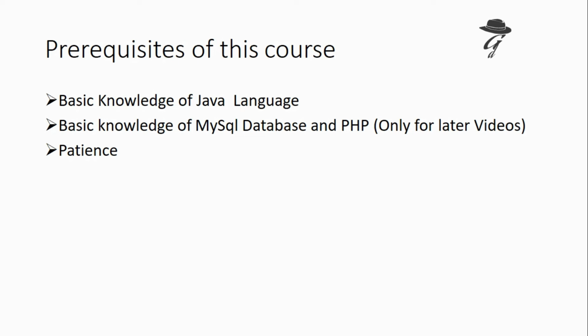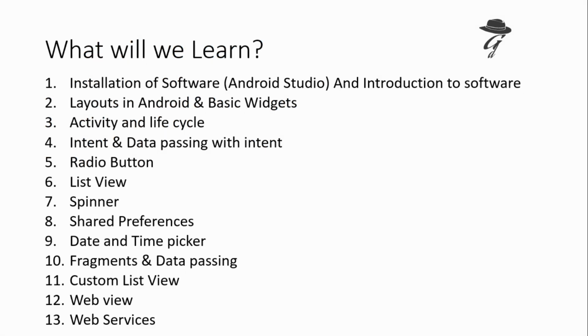Not just Android development, this should be the procedure to learn anything, right? Practice makes a man perfect. So you should have patience, and you will be practicing on a regular basis, right? And this is the list of what we will learn in this course.